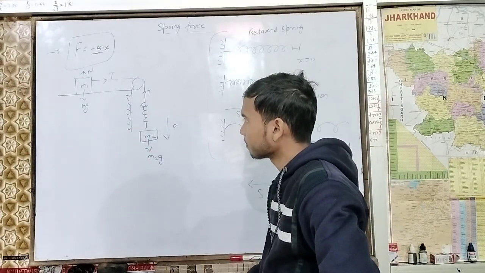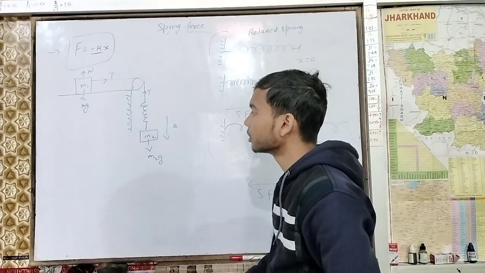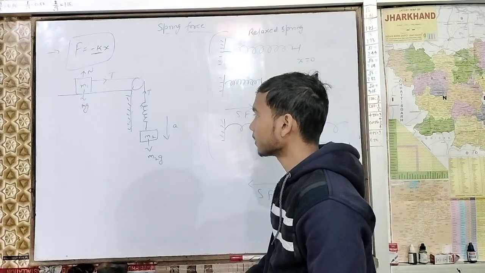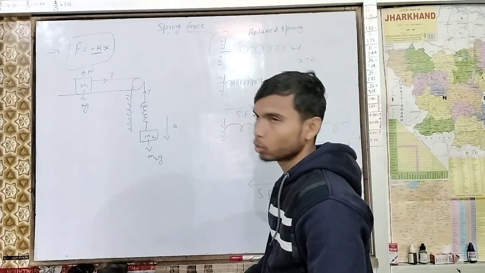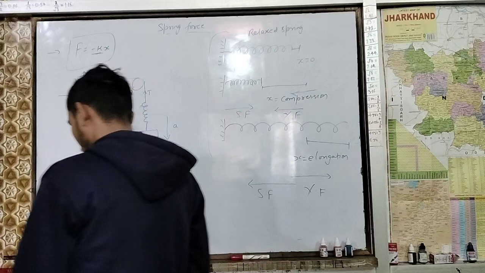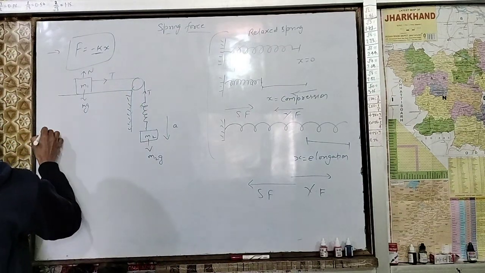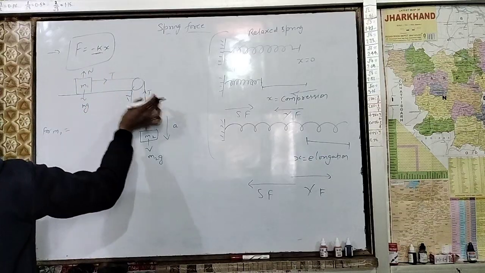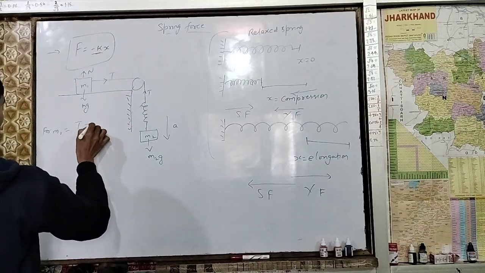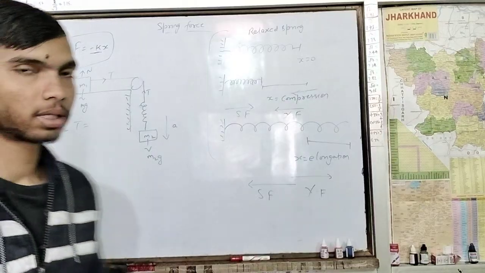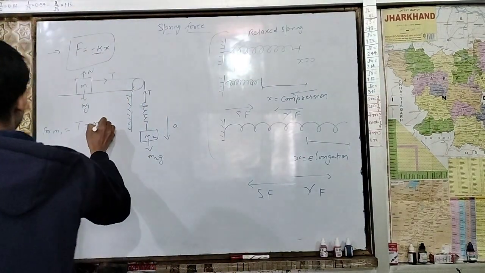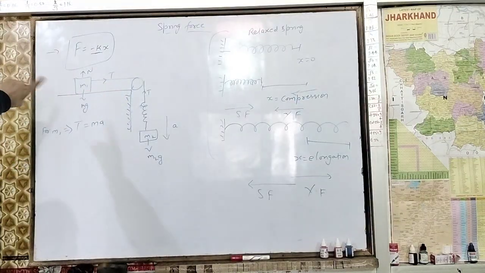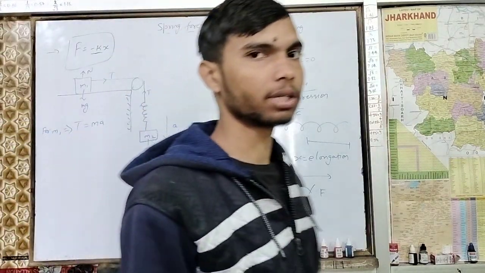There is acceleration, so you can't write T is equal to M2g. You will have to write M2g minus T is equal to M2a. Am I correct? So for the first mass M1, T is equal to M1a, because here the net external force is T, and in the backward direction there is no force.